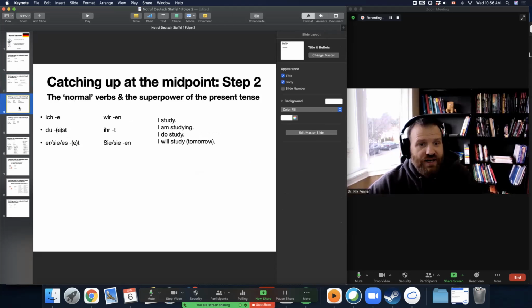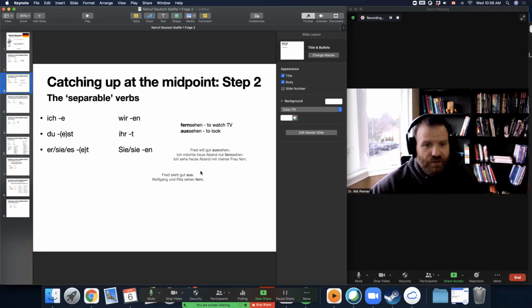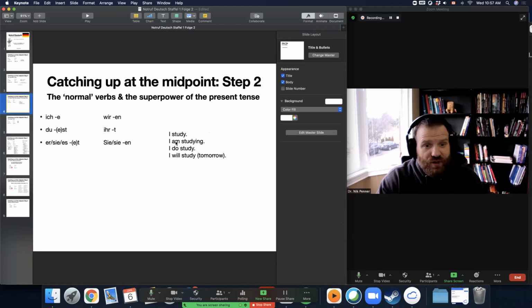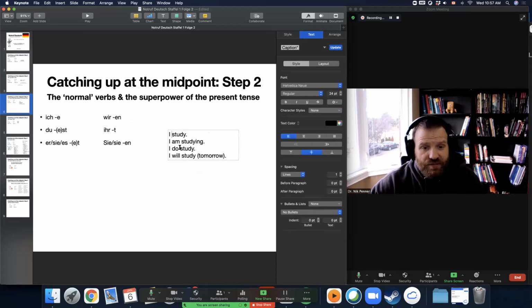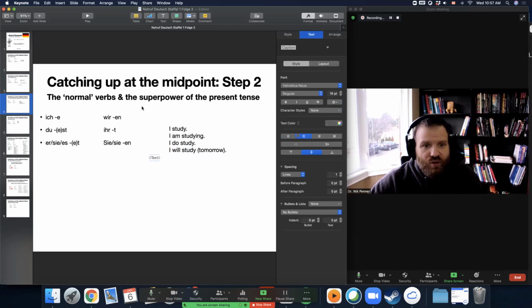Coming to the next point, the normal verbs and the superpower of the present tense. You heard me say things like, when I was talking about these examples, tonight I said I will watch TV, or I am writing things down. But in German, they all correspond to the present tense. So I study, I'm studying, I do study, I will study. They are all expressed by the present tense.